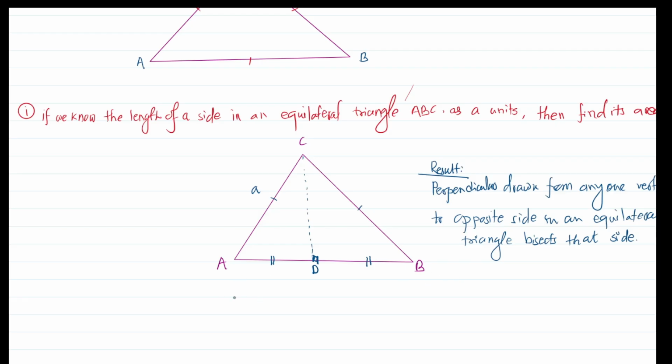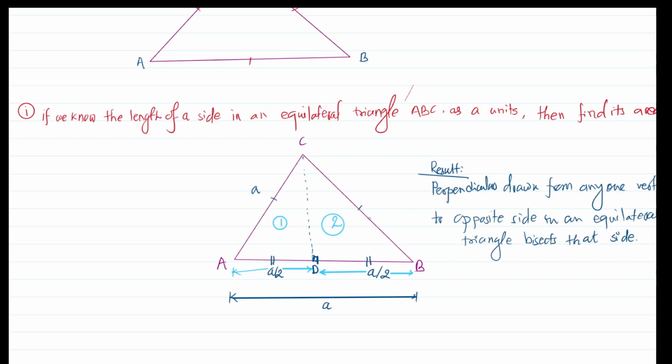Here the total length of AB is A, and it is bisected at point D. That means AD has a length A by 2 and DB has a length A by 2. And we see there are two right angle triangles, triangle 1 and triangle 2.